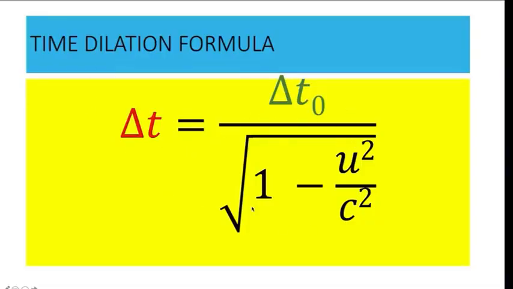So we now have this time dilation formula, which says that the time as observed by someone who is outside the clock's inertial frame of reference is equal to the time as observed by somebody who is in the same inertial frame of reference as the clock divided by the square root of 1 minus the speed by which that object is traveling raised to the second power over the speed of light.